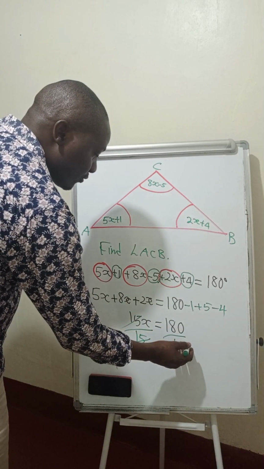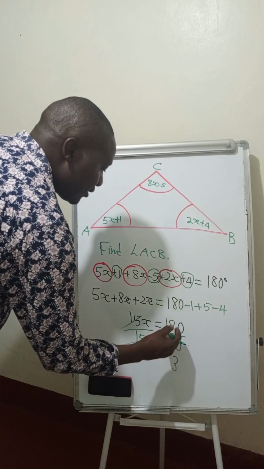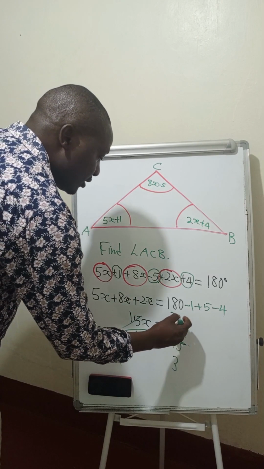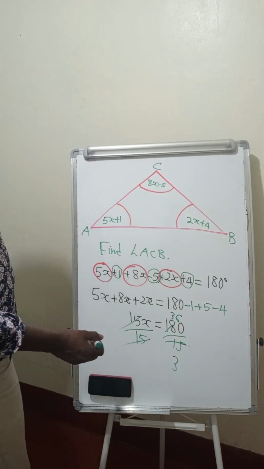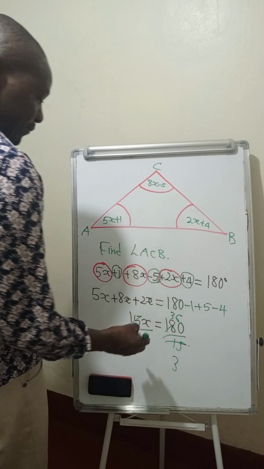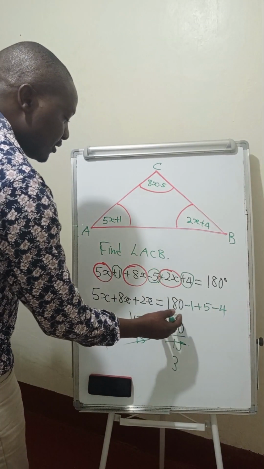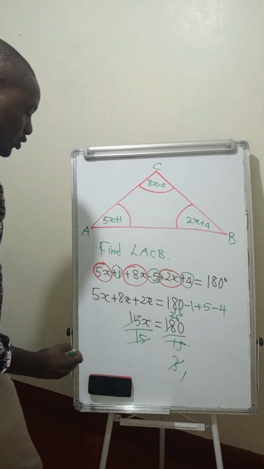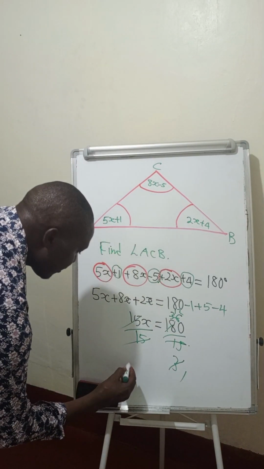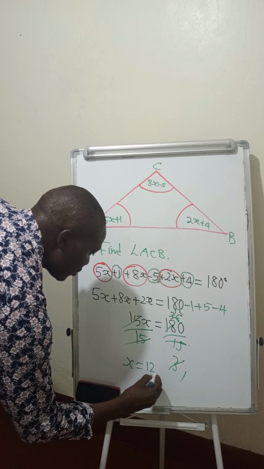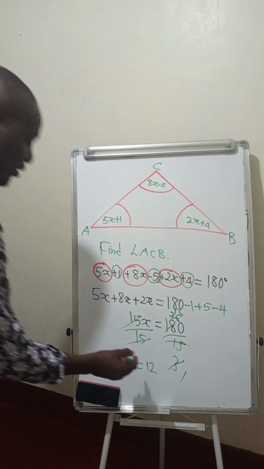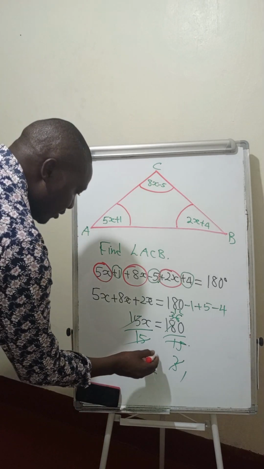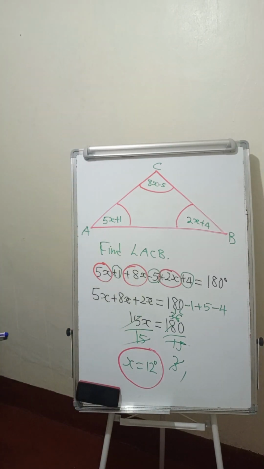But let's go with 5. 5 goes into 15 three times, 5 goes into 60 twelve times. So our x, the value of x is equal to 12 degrees. We have just got the value of x.